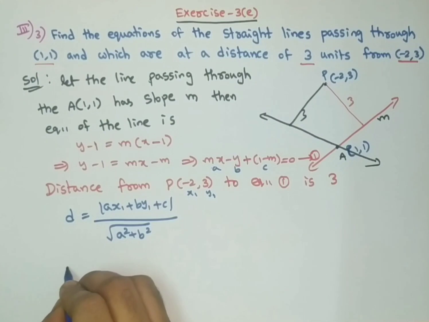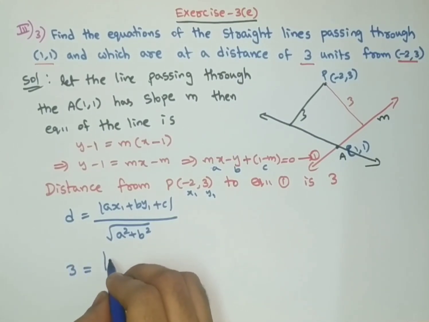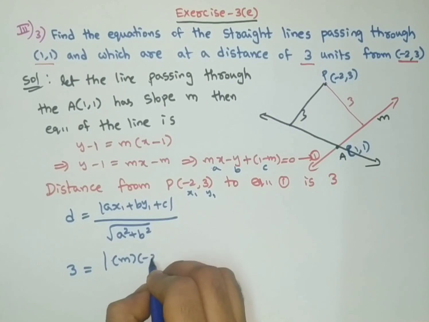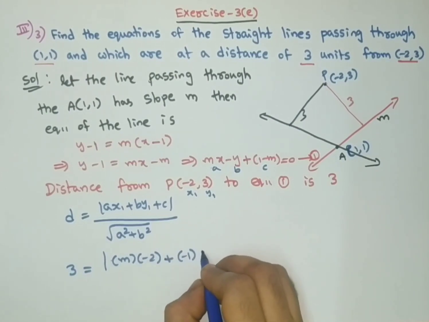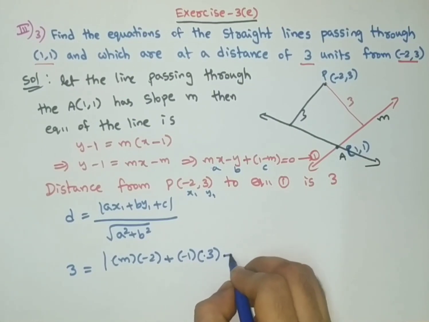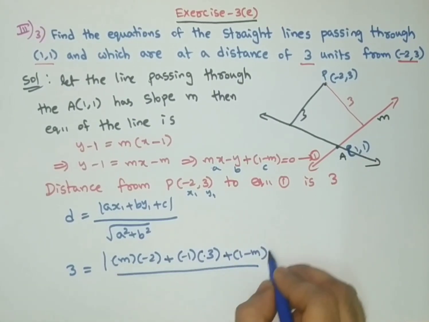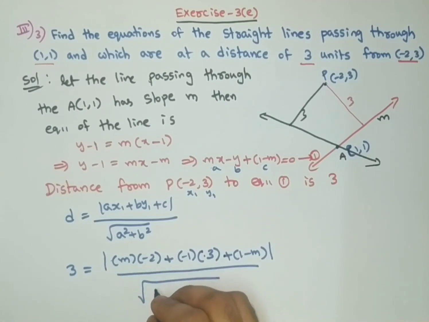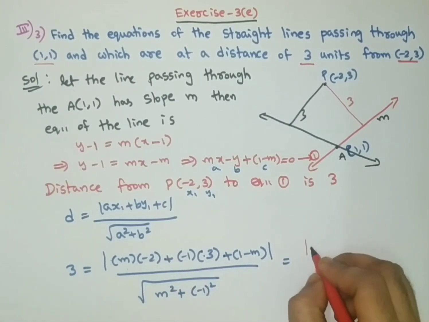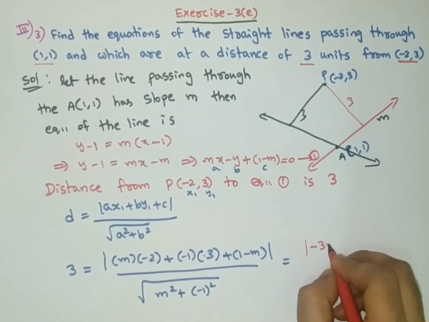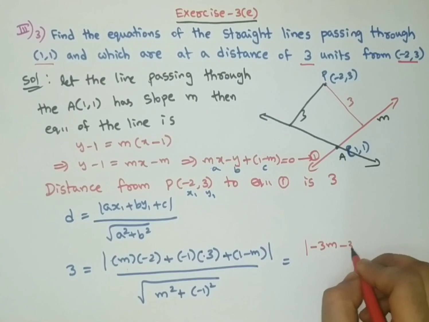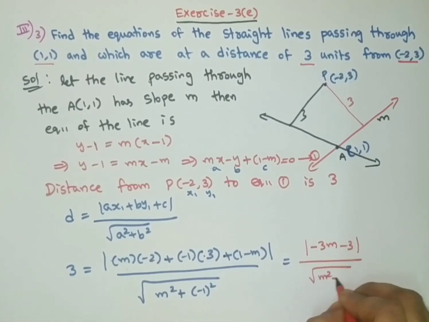By substituting, D means 3, equal to mod of m into -2 plus (-1) into 3 plus c, which is 1 minus m, by square root of m square plus (-1) square. By simplifying this, what will we get? Minus 2m minus m, minus 3m, minus 3, by under root of m square plus 1.